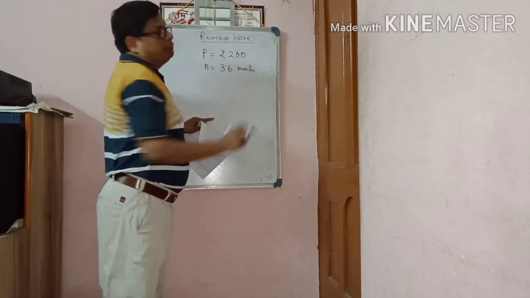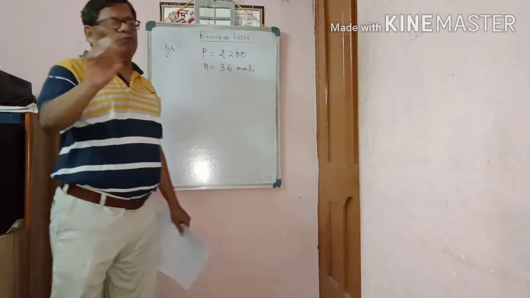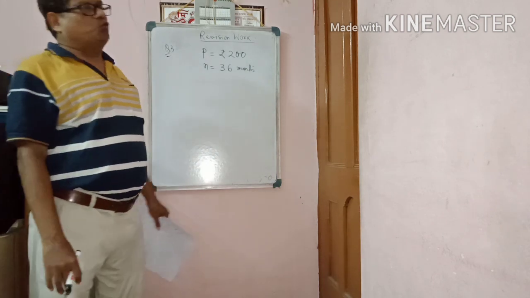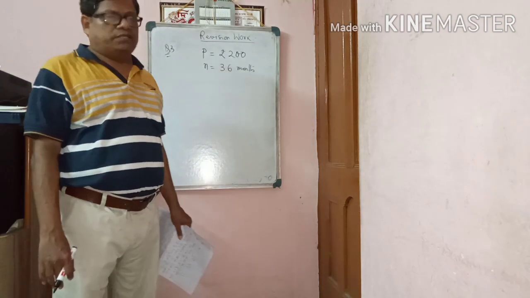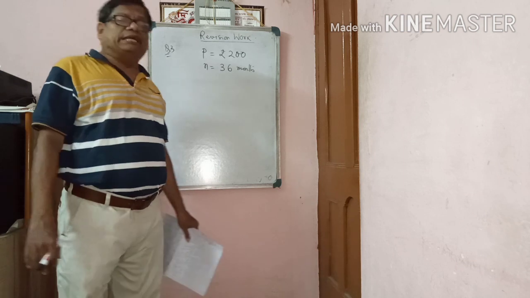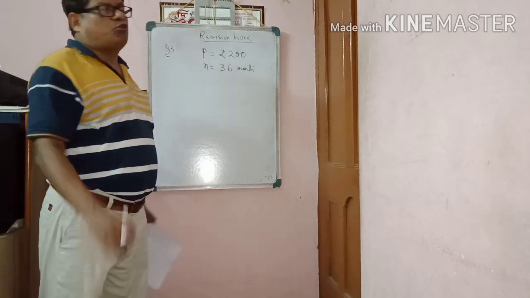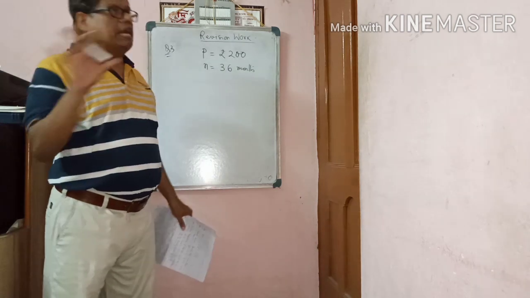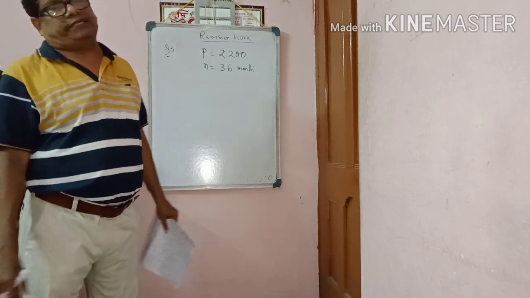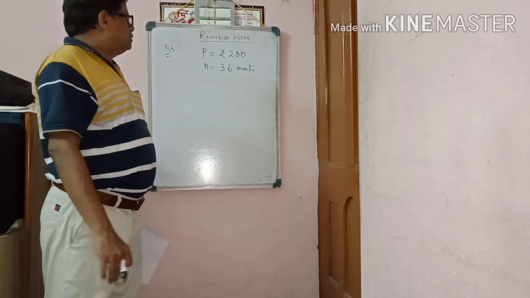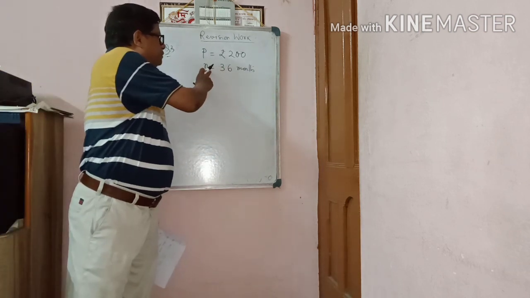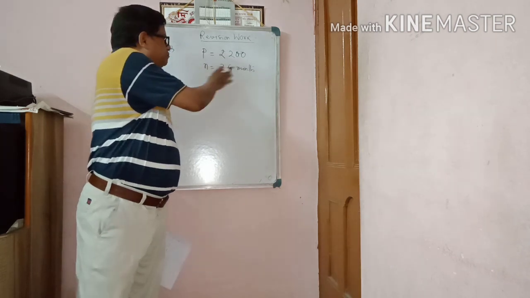If the year is given, you convert it into months. 1 year is 12 months. Otherwise it is not needed. Here the months are given.